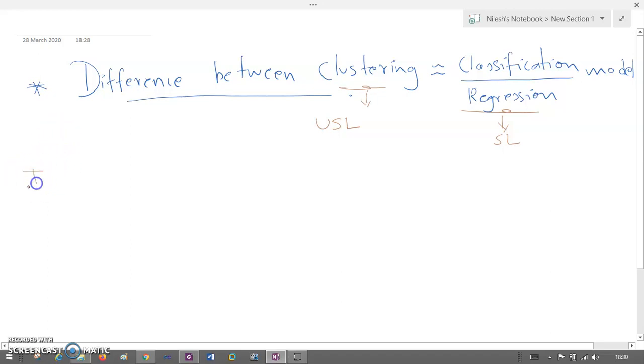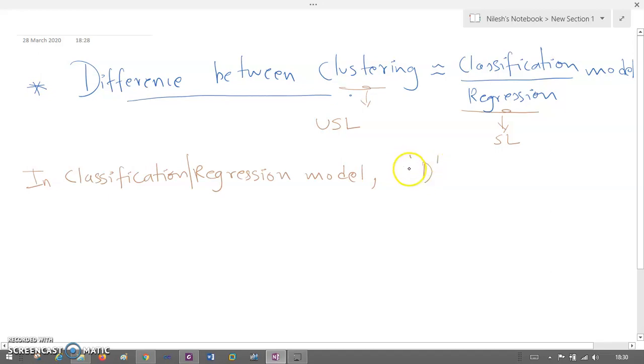So in classification and regression models, we are given some data set.